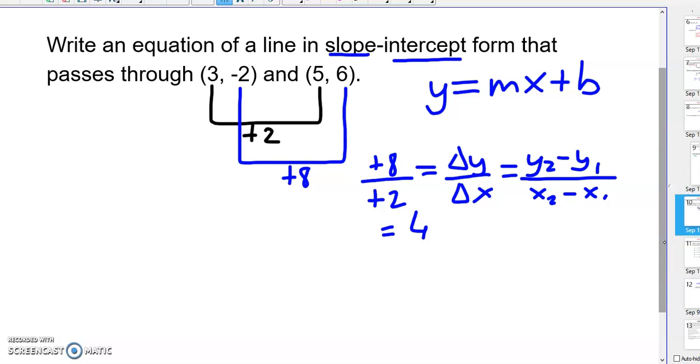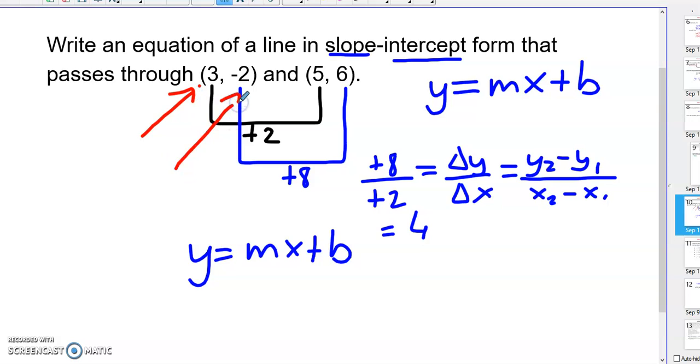And so let's go back to y equals mx plus b. We want this in slope-intercept form. I just thought of a faster way to do this. We can think of each of these numbers here as the x values being our input and the y values being output.